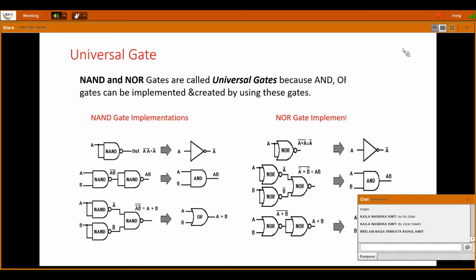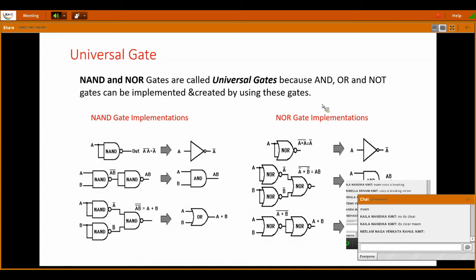Now, universal gates, I said, are being shown. NAND and NOR are called the universal gates because using these two gates, NAND and NOR, any gate can be realized. Here it is mentioned as AND, OR and NOT, but you can also realize any Boolean expression using NAND and NOR.